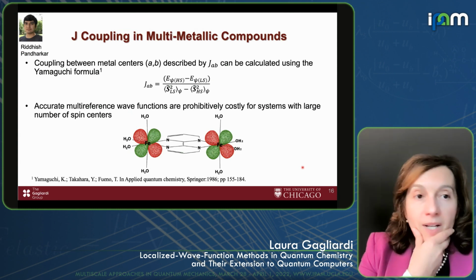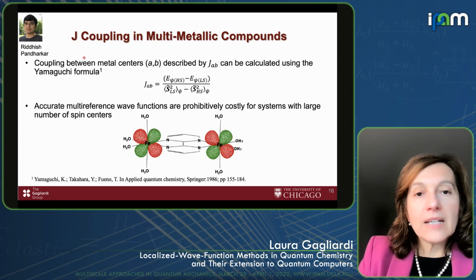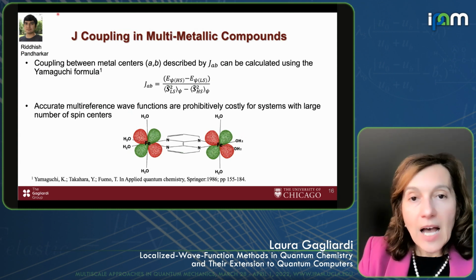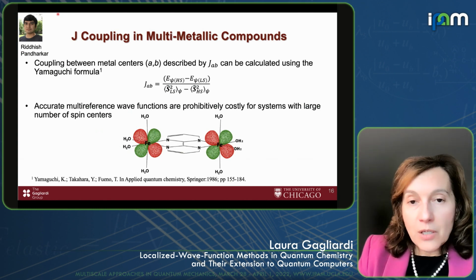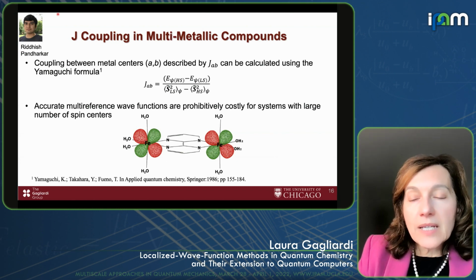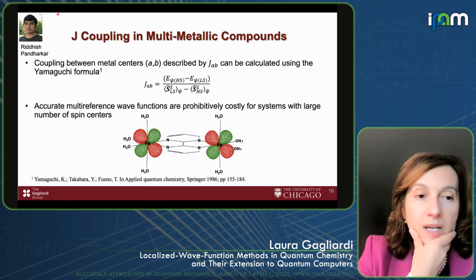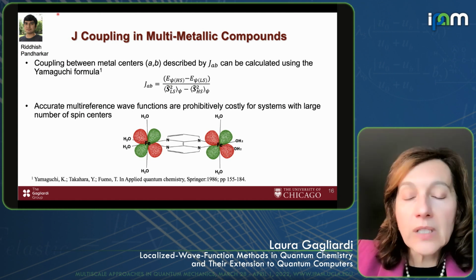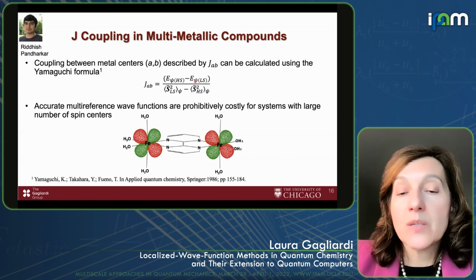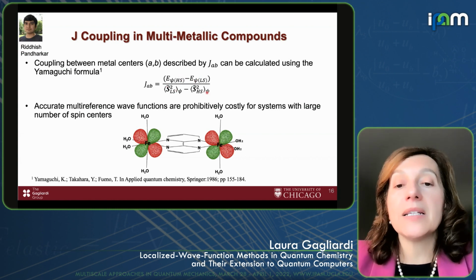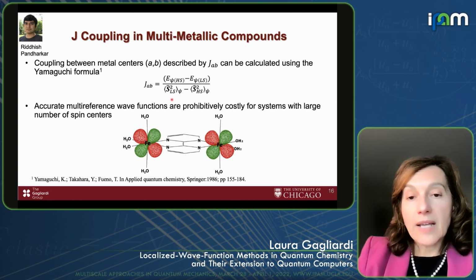So let's suppose, for example, that we are interested in J-coupling in multi-metallic systems. So usually, if you have two centers, A and B, the J-coupling can be calculated using this Yamaguchi formula, in which basically you take the difference in energy between high spin and low spin divided by the difference between the S square values for the two states.